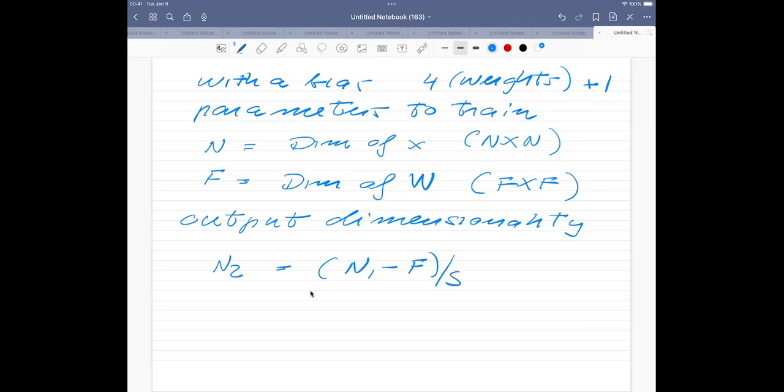So you can quickly understand why you divide by the stride. So in the example which we had here, N1 was equal to 3, F is equal to 2, and S is equal to 1. We had stride 1. So that means that N2 is equal to 2. So the output is a 2 by 2 matrix.